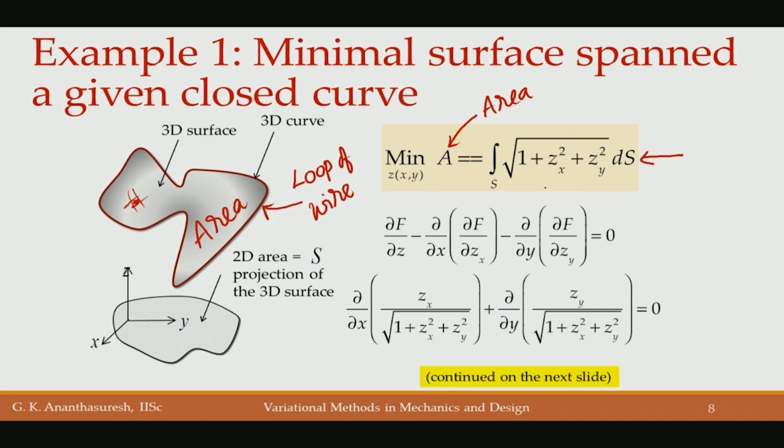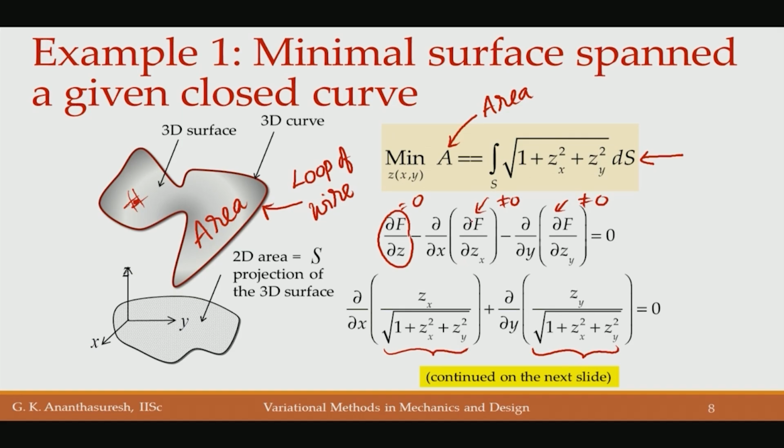Z does not appear here, but that does not matter, we can still apply it. It is just that in this problem this is equal to 0, whereas this and this are not equal to 0. We have here dou by dou x of this part and dou by dou y of this part.